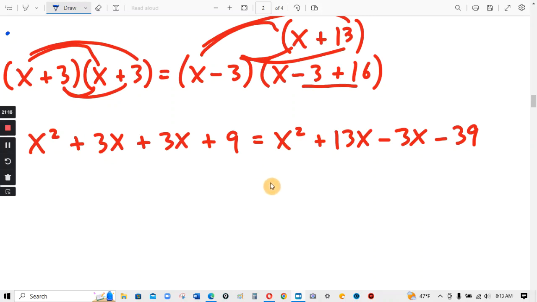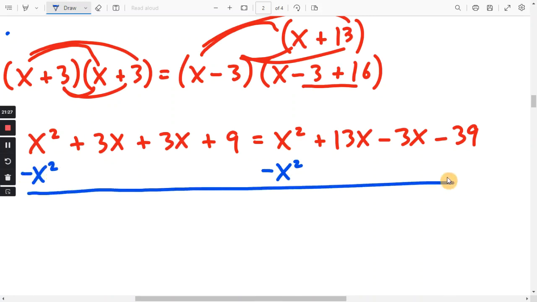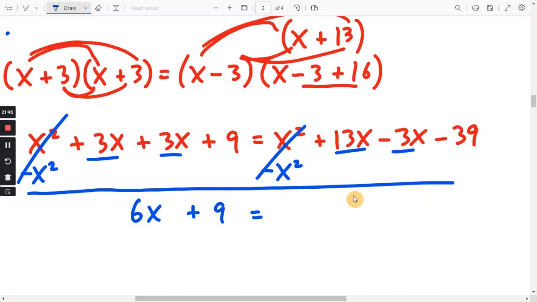I can easily get rid of that by doing the opposite. Just do minus x squared on both sides. Okay, so the x squareds cancel on both sides, and we can combine like terms. 3x plus 3x is 6x, and we still have positive 9. Bring down the equal sign. Combine like terms, 13x minus 3x is 10x, and we still have negative 39.